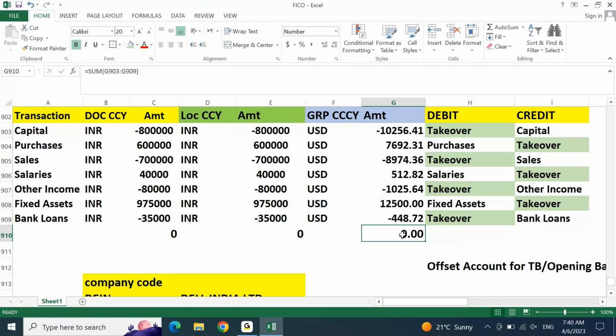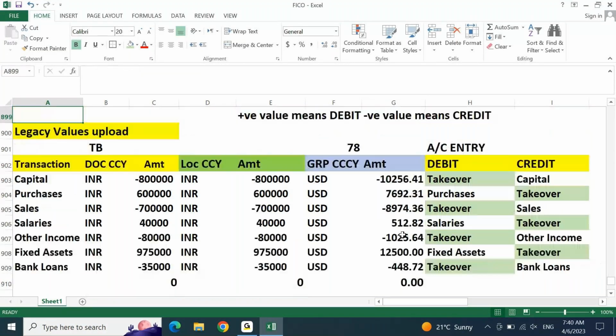But now I've written this only to make sure that when you look at this legacy value upload, you will receive a trial balance, and for trial balance you will get tallied account balances of each account, which will be zero, and from this you have to pass a debit credit accounting entry, and you must know how to write the accounting entry for this.